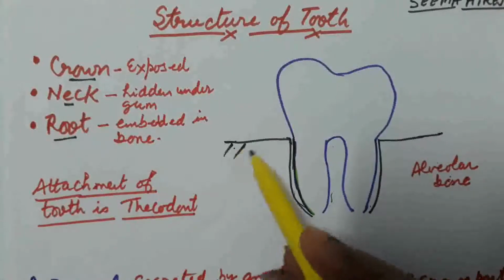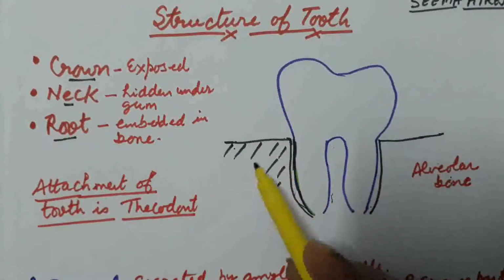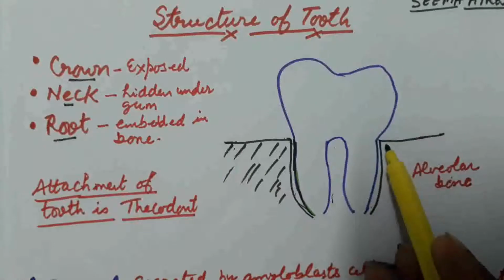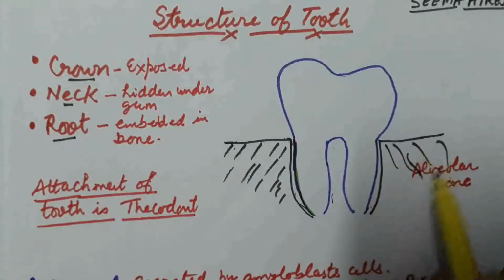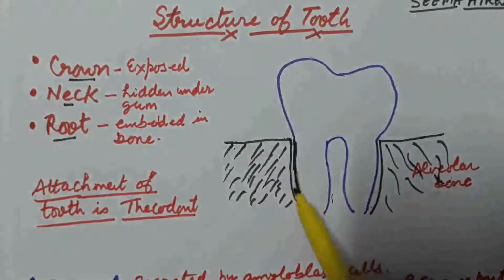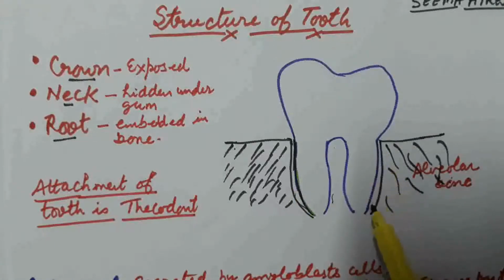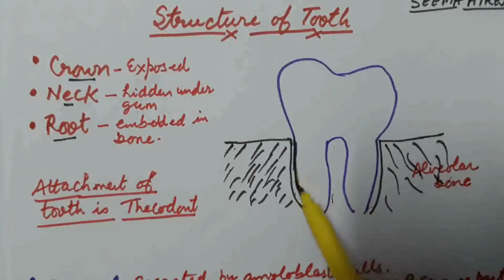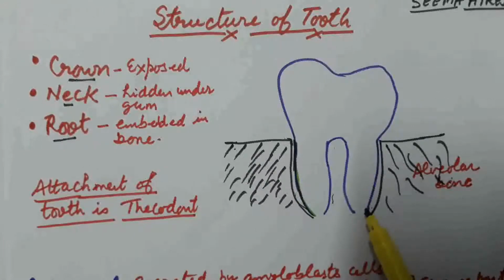This is the alveolar bone. And this is the socket of the alveolar bone, or we call it alveoli. In this alveoli or socket of the jawbone, teeth are found embedded, showing the condition thecodont.